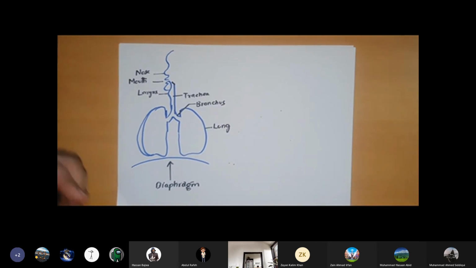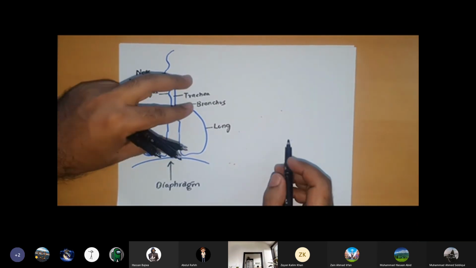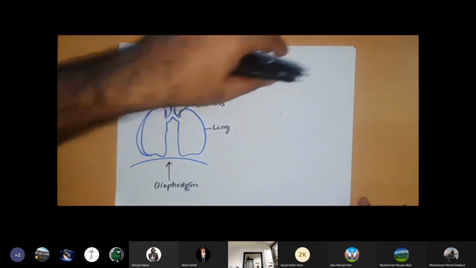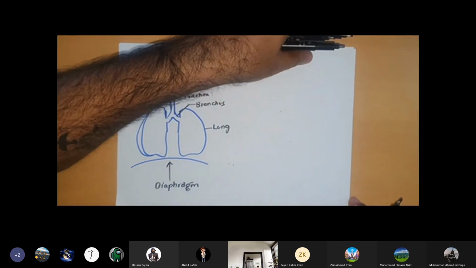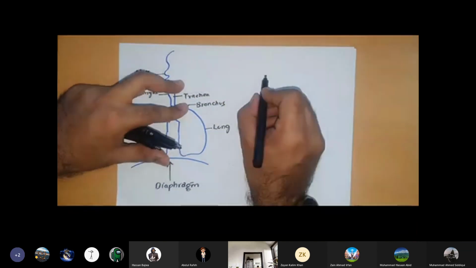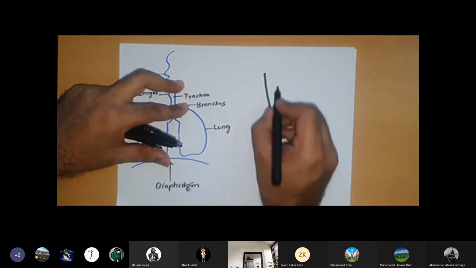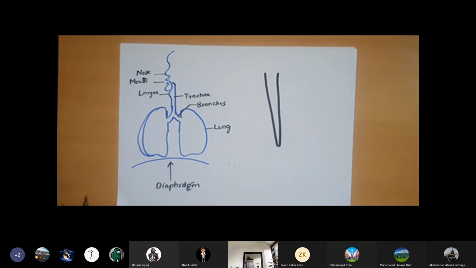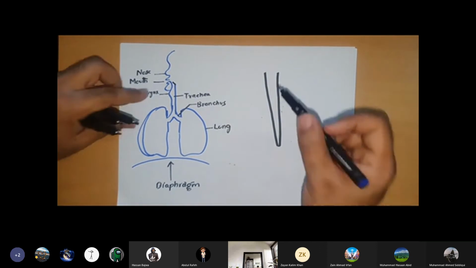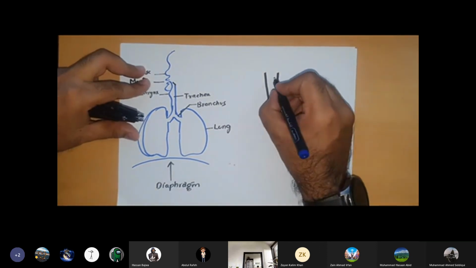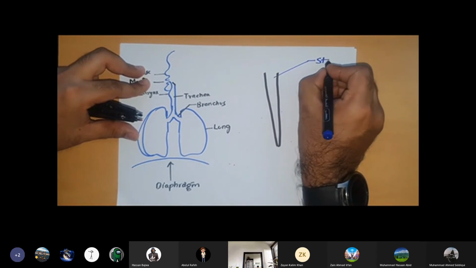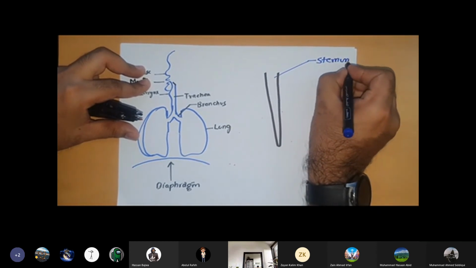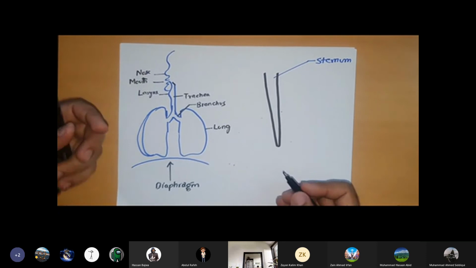Now let's learn about the intercostal muscles. The question is, what are intercostal muscles? If you see, in the middle of your chest there is a bone. This bone present in the middle of our chest is called the sternum.